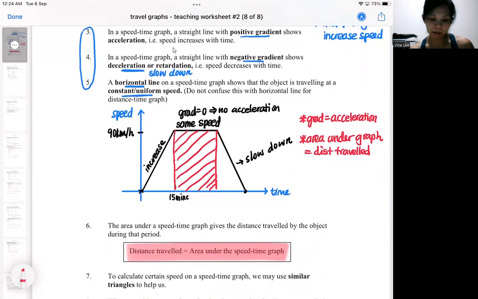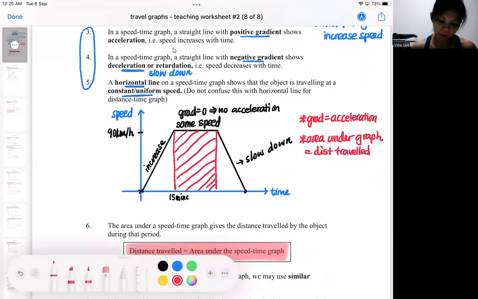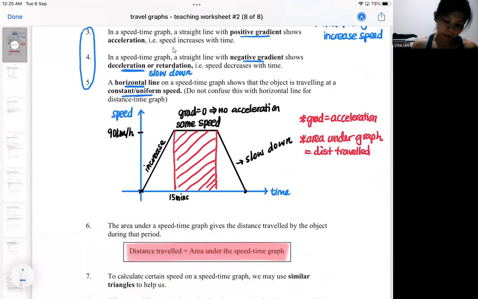Sometimes, on a speed graph, you may be asked to find a certain speed. So for example, I would like to find the speed 10 minutes after I start driving. What was the speed? So you can be asked on this.